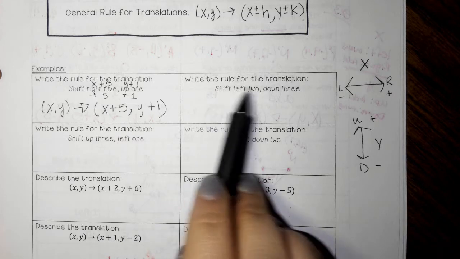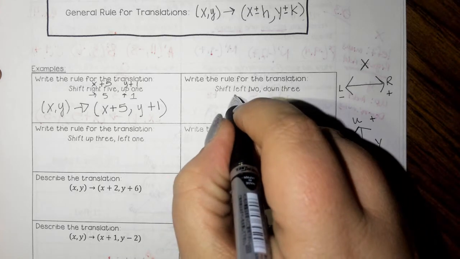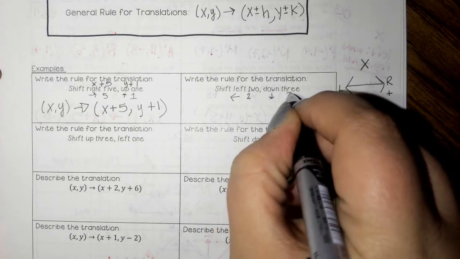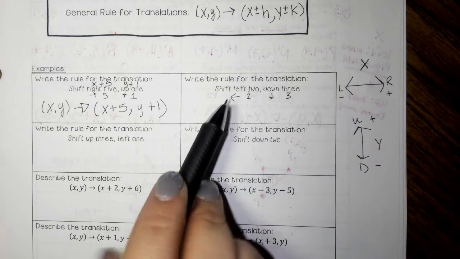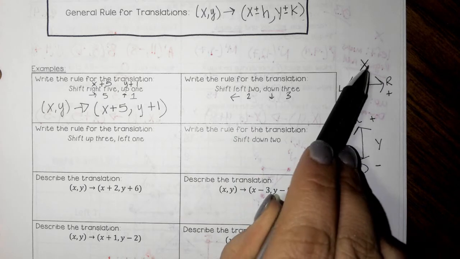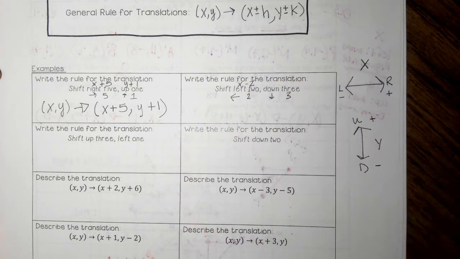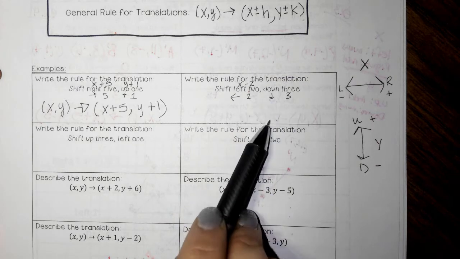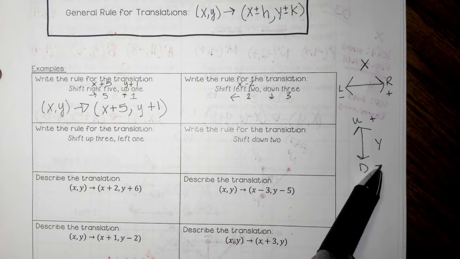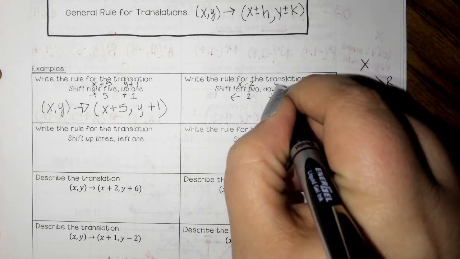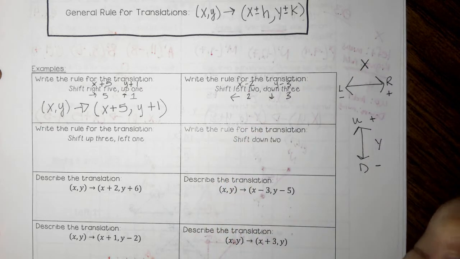Let's look at the rule for the translation when we go left 2 times and down 3 times. Going left affects the x value by minusing, so we have x minus 2. Going down affects the y value by minusing, so we're going down 3, that would be y minus 3.